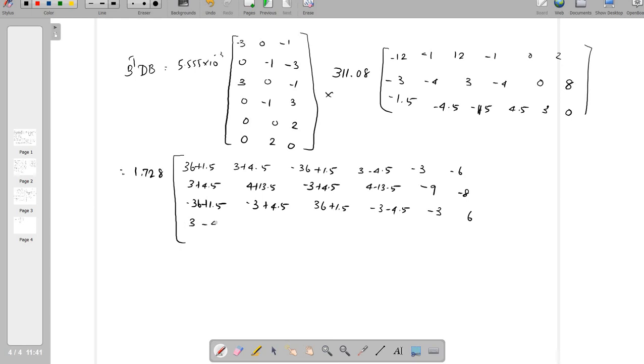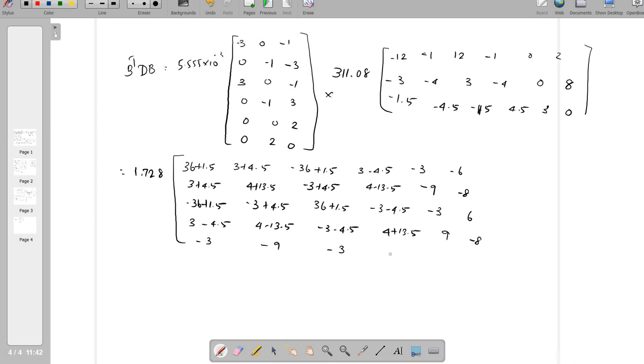So 3 minus 4.5, 4 minus 13.5, minus 3 minus 4.5, 4 plus 13.5, 9, minus 8. The fifth row: 2 into minus 1.5 is minus 3, 2 into minus 4.5 is minus 9.